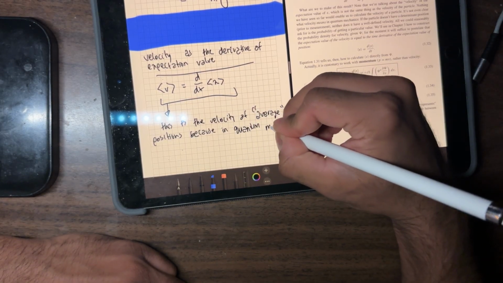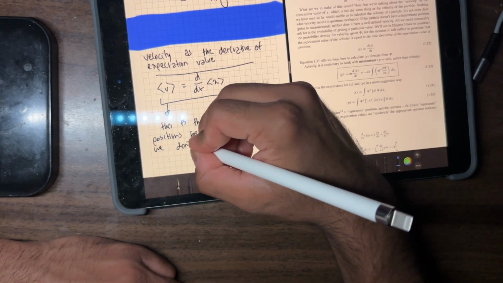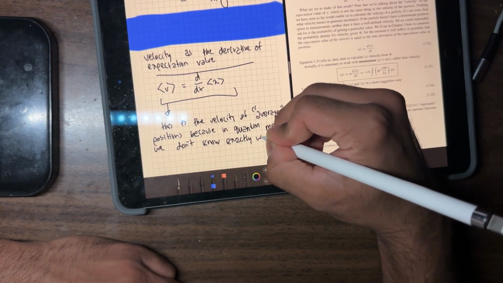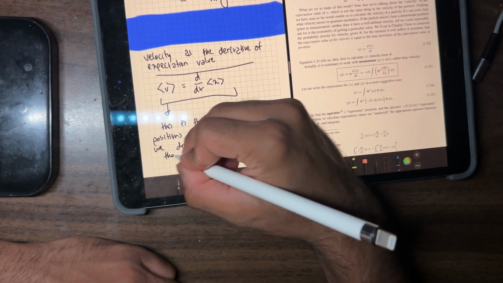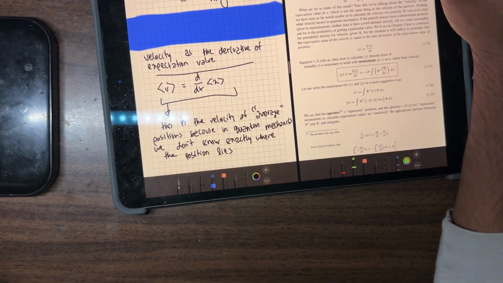In quantum mechanics we don't know exactly where the position lies.